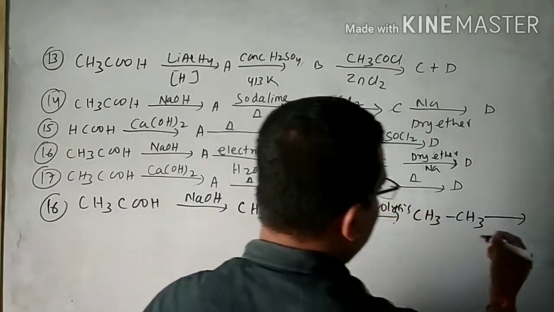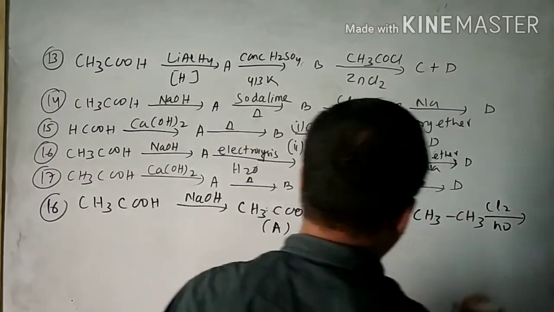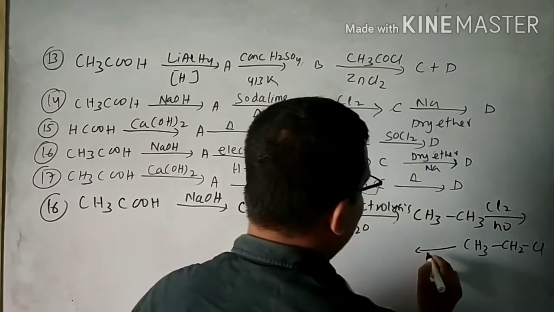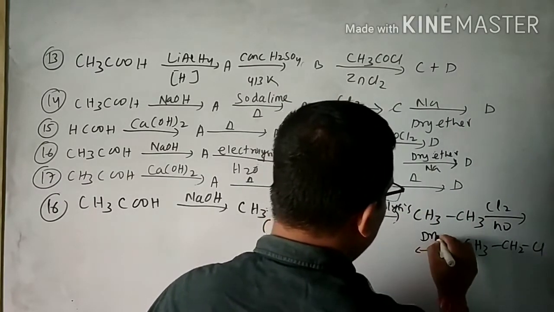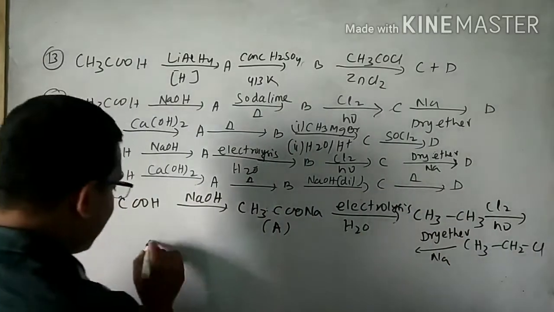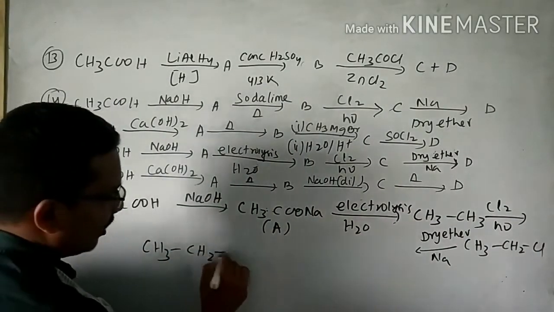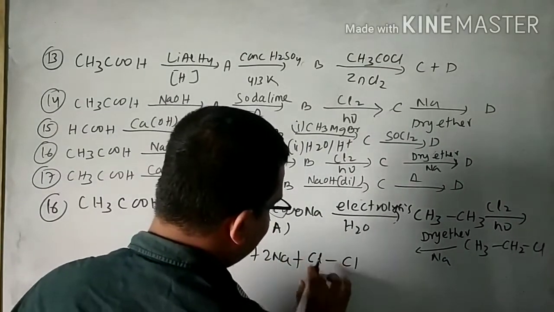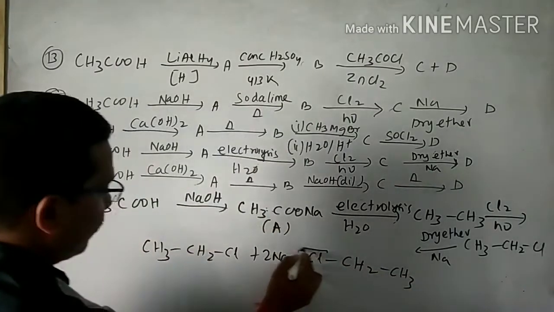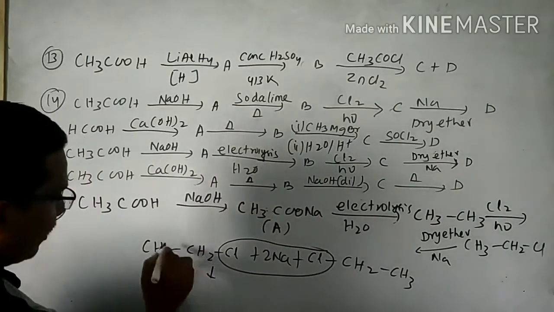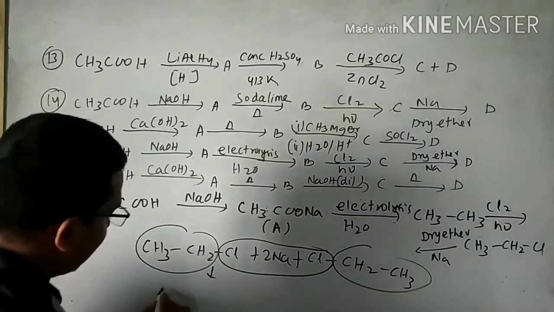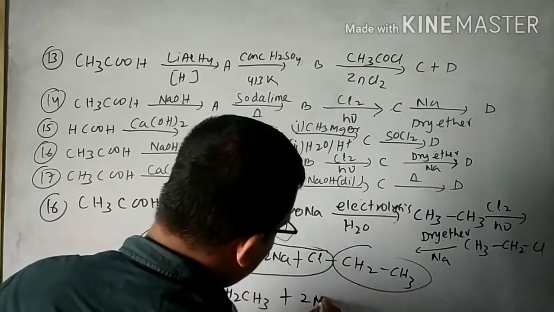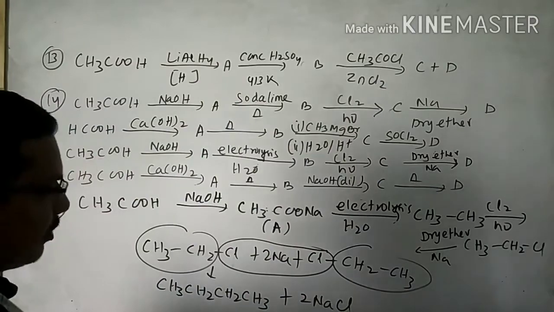Now the ethane molecule is subjected to reaction with Cl2 in the presence of sunlight. Then ethyl chloride is formed, and this ethyl chloride is subjected to reaction with sodium in dry ether, where a Wurtz reaction will take place. Two ethyl chloride, CH3 CH2 Cl, and 2 sodium atoms remove 2 NaCl molecules and the two parts attach and form the higher alkane CH3 CH2 CH2 CH3, and the byproduct is NaCl.